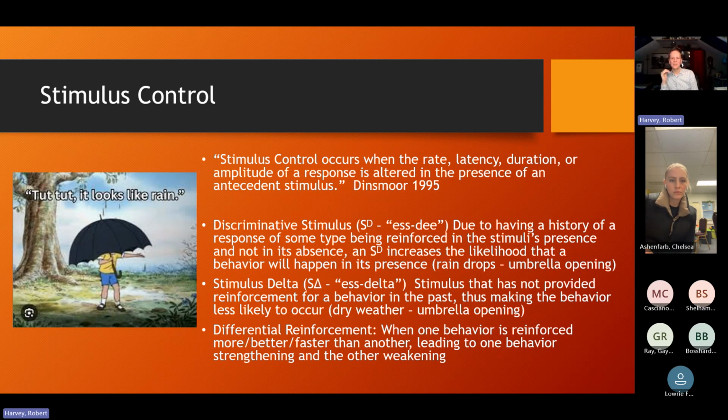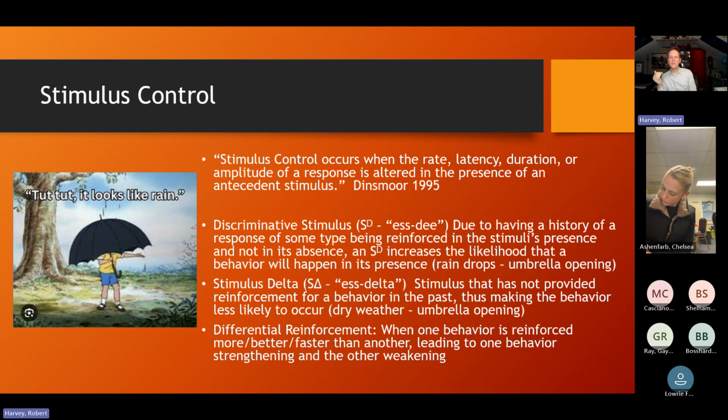The confusing part about this is that it's like everything else. In the case of the umbrella, the rain dropping is a discriminative stimulus, or an SD, for opening your umbrella. Looking outside and seeing that it's raining is an SD for grabbing your umbrella, then being outside, opening it, right?